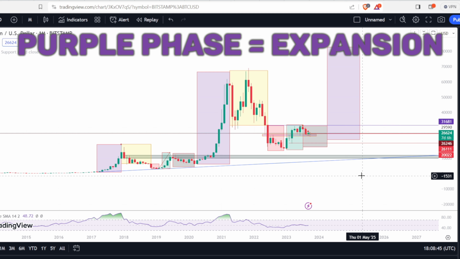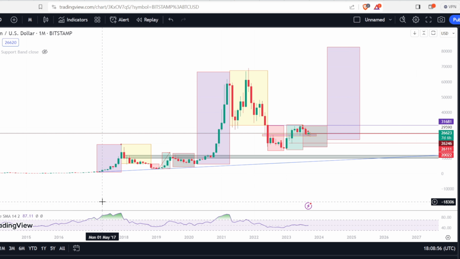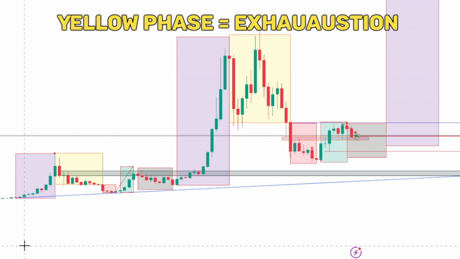So let us talk about the purple boxes. The purple boxes are mentioned right here as the start of the bull market, the easy money, the start of a simple, strong uptrend. Every dip is a buying opportunity. The yellow boxes are the period after the top formation, the sideways action.